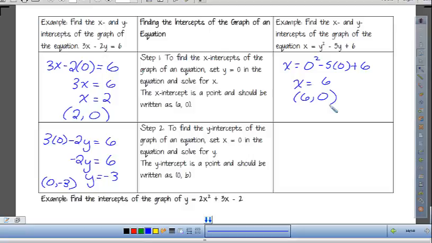Now I'm going to plug in 0 for x. So we got 0 equals y squared minus 5y plus 6. What do I need to do to solve this equation? Okay, we've got to factor. How can we factor this one?